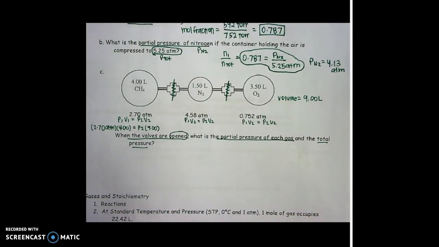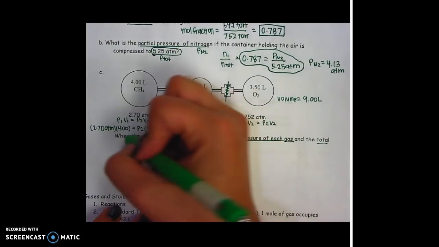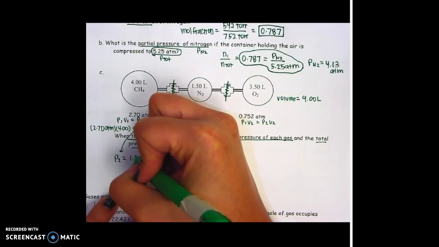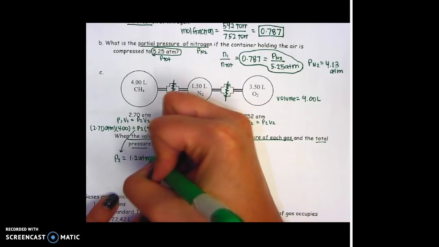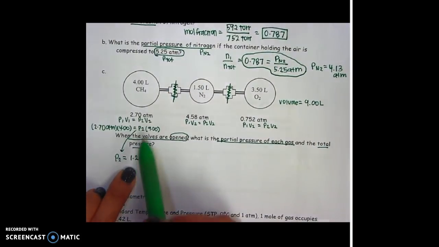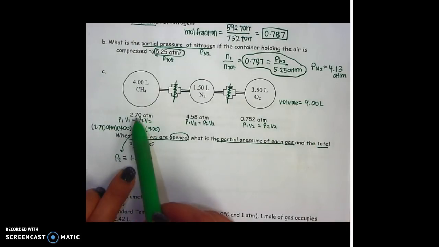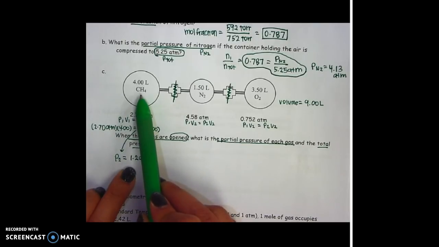I'm going to do 2.7 times 4, and then divide that by 9 to get my P2. So my new P2 ends up as 1.2 atm of pressure. So this should make sense. My gas container went from 4 liters to 9 liters, so the pressure also dropped. Instead of 2.7, now I'm at 1.2 atm of pressure for just the methane gas.